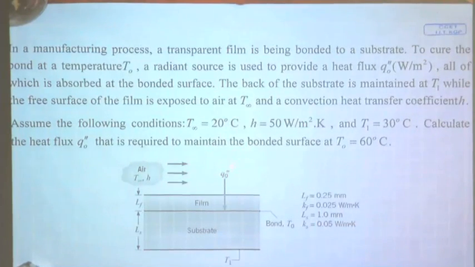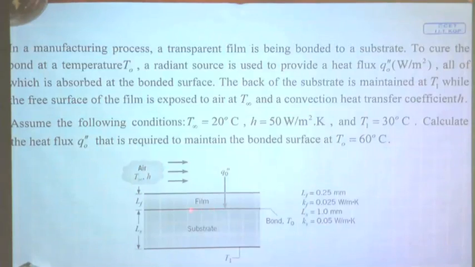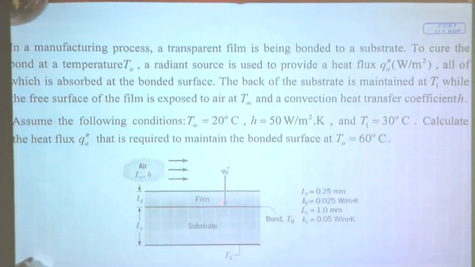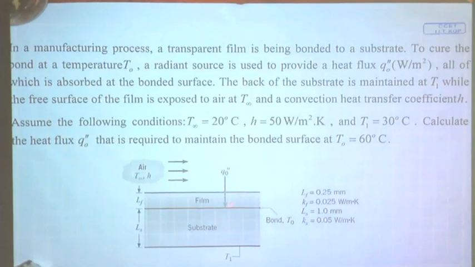That means this radiant heat comes through the film, where the film acts as a transparent medium, and all the heat which is incident there is absorbed by the substrate. Okay?